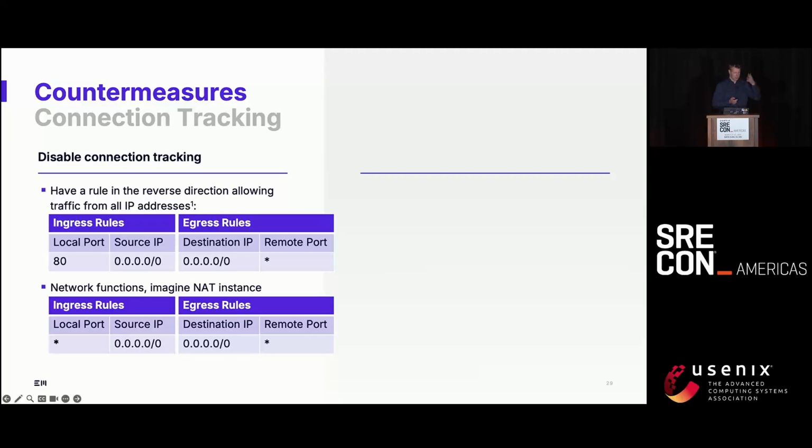For network functions, and you can imagine also your NAT instance that you might run, because of the use of the local ephemeral ports, you would have to allow all incoming, all outgoing for all ports, all IPs. Don't we sacrifice on security then? Well, be careful with that. And in general, we should see security groups as a second layer of defense.